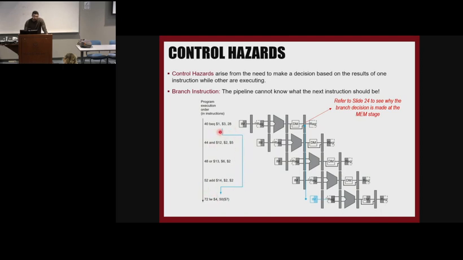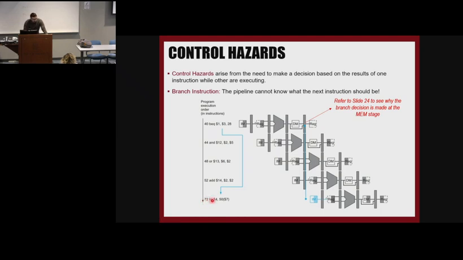So you have two options. You either fetch the next instruction when the branch condition is not met, or, if register 1 and register 3 are equal, then you want to jump to the branch target address, which is PC equal to 72.